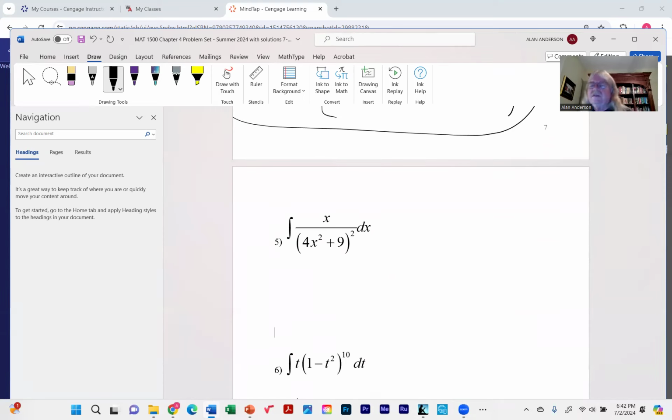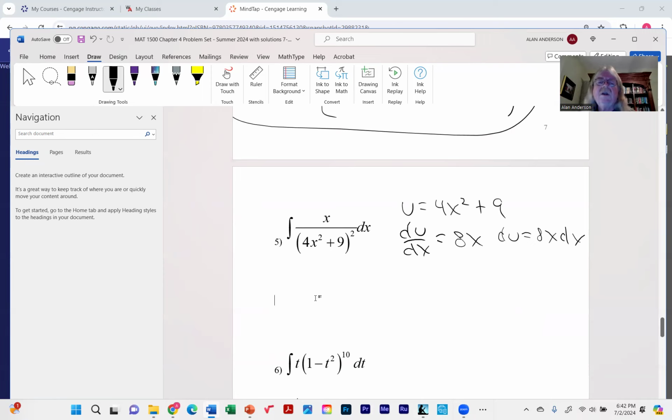Let's do this. Why don't we take a look and see if we let u equal 4x squared plus 9, what happens? All right, so this actually looks pretty promising because we only need to supply a constant.